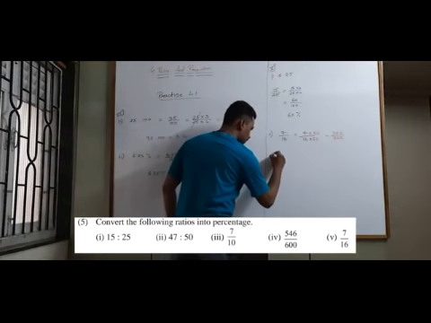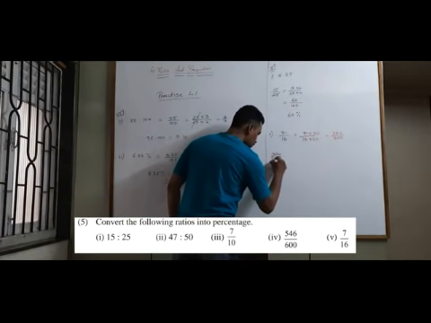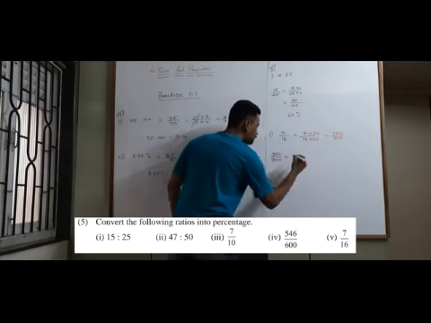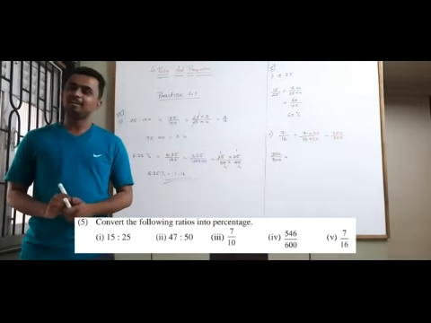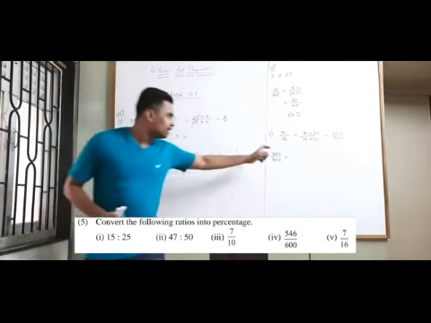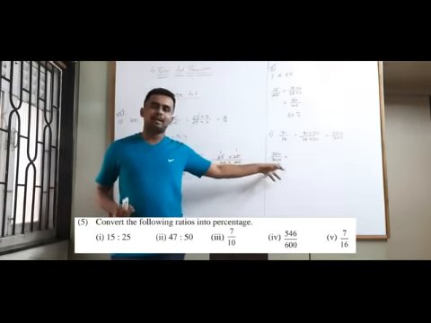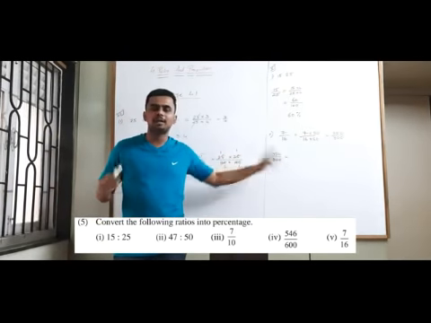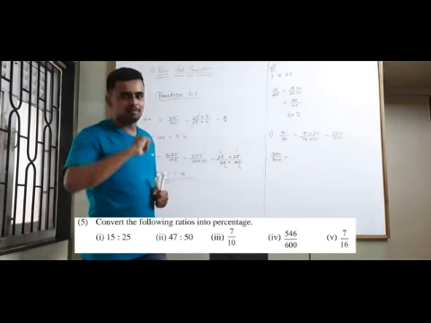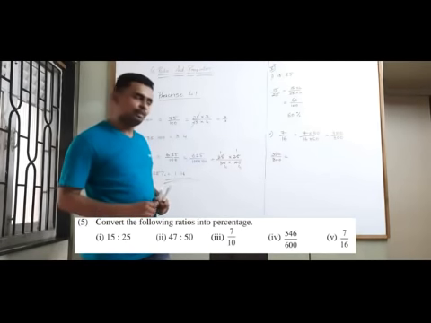So the new form is 350 upon 800, which is equal to, now a fun part, 350 upon 800. Now if I want to convert this denominator to 100, what do I do? Instead of multiplication, I will do division.